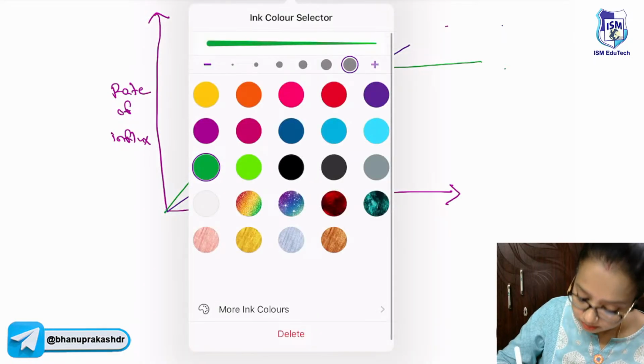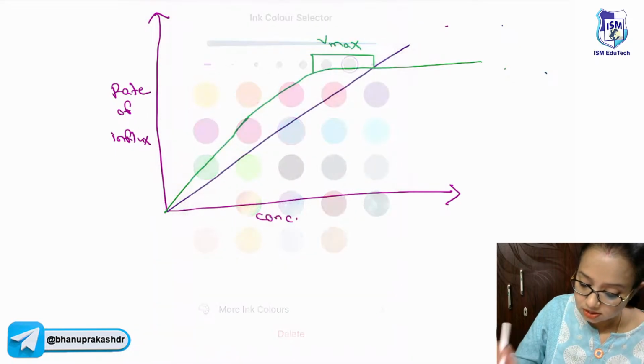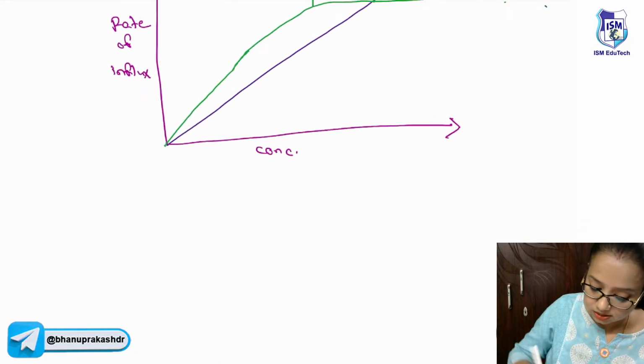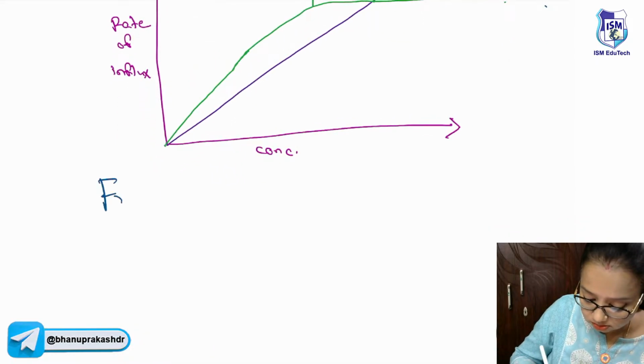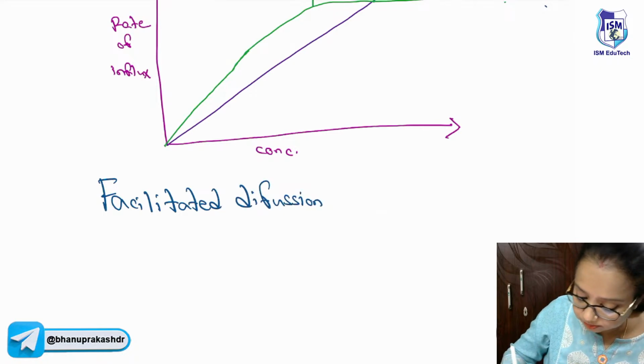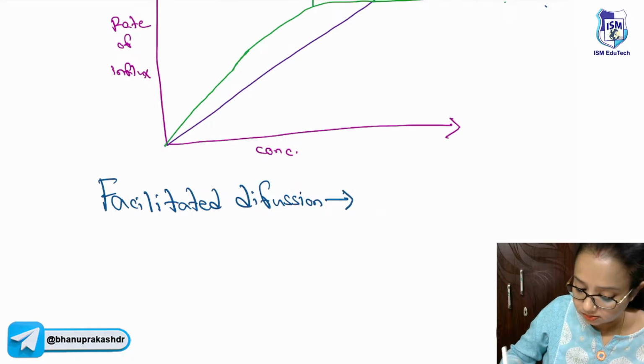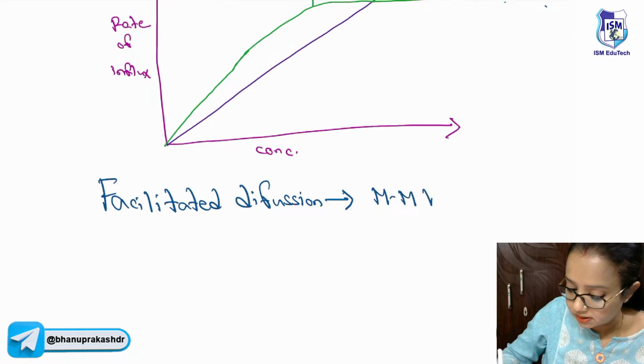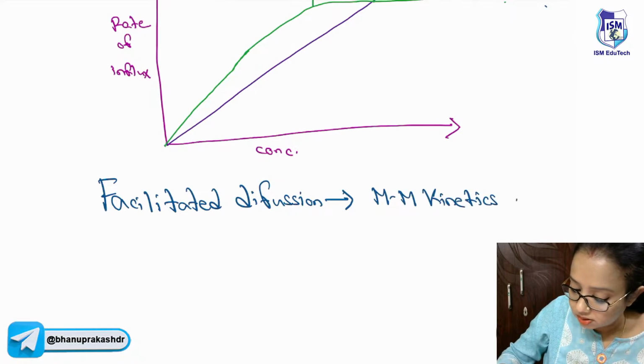This is so because in case of facilitated diffusion or transportation, the Michaelis-Menten kinetics apply.